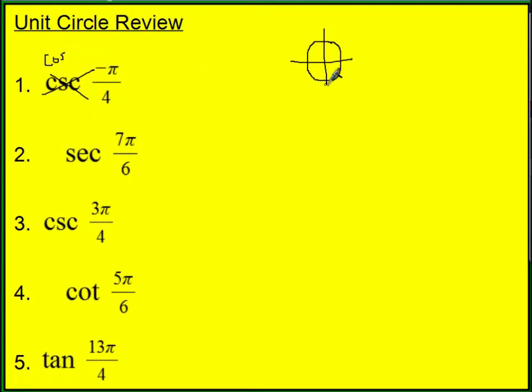I know from previous lessons that that point is square root of 2 over 2 and negative root 2 over 2. Cosine value is the x value, so the cosine of negative pi over 4 is simply square root of 2 over 2.